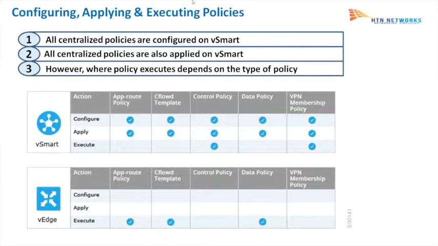But as far as execution is concerned, the control policy you execute on the vSmart, VPN policy you execute on the vSmart, but if it is app route policy, then you execute it on the vEdge. If it is flow policy, you execute it on the vEdge. And if it is data policy, you execute on the vEdge. So there are three types of policies that you execute on vEdge, and the rest of the policies, control policy and VPN, you execute on the vSmart.